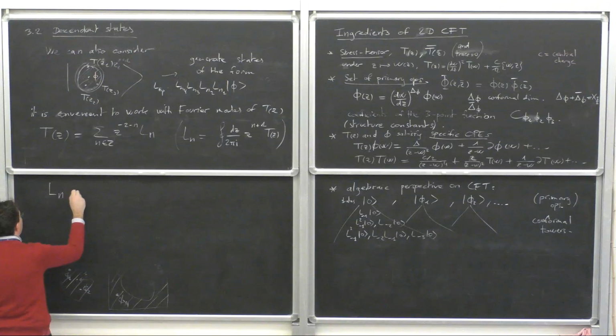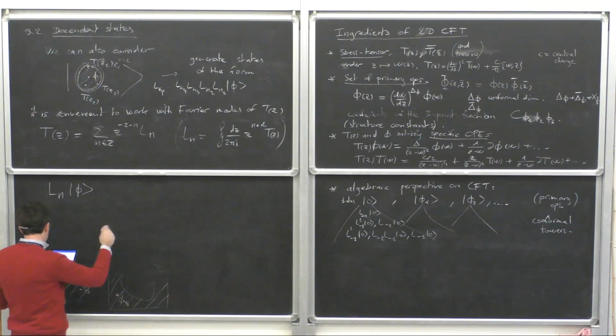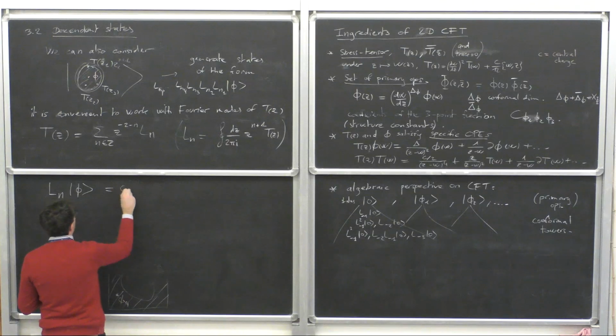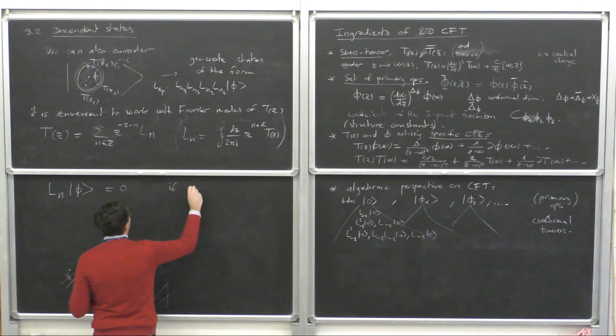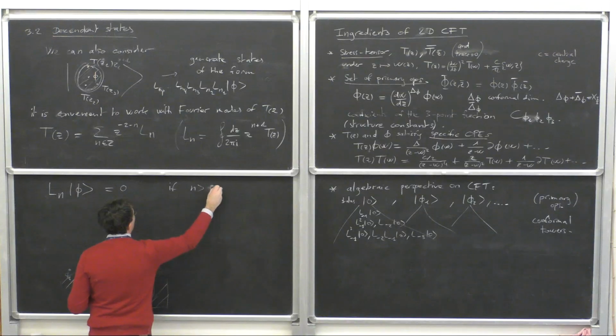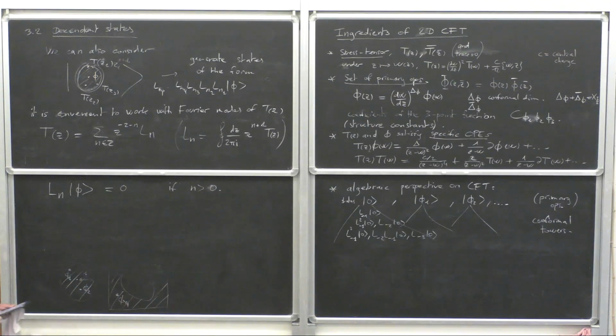I forgot to say that Ln acting on a primary state phi is 0 if n is positive. I will explain quickly why this is so. Was there a question? Yes.